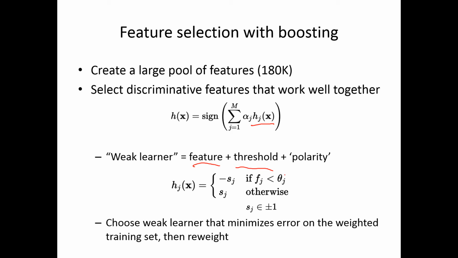If it's smaller than these values, then the output for this classifier will be minus sj. Otherwise, it's plus sj. sj here is just plus or minus 1, and whether it's plus or minus 1 is determined by this polarity here.